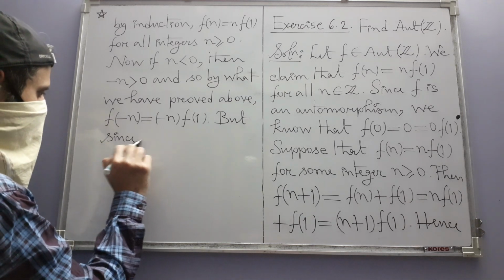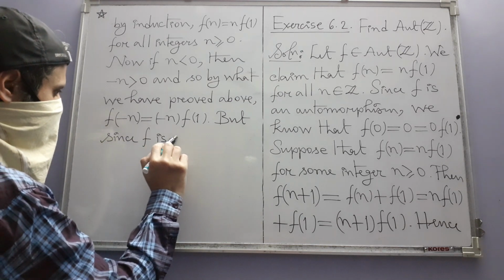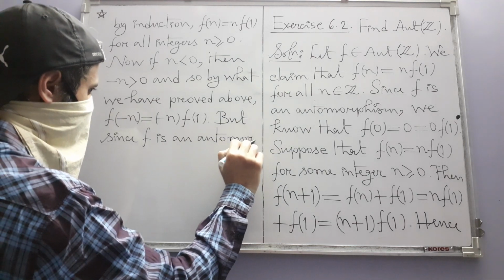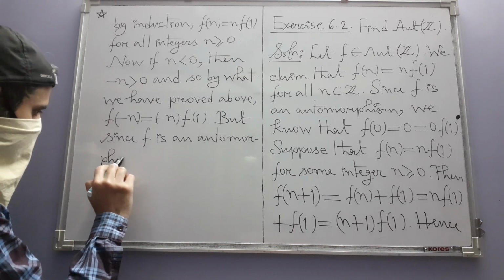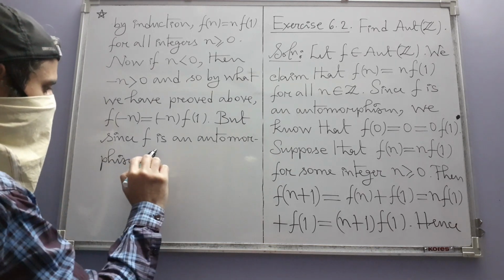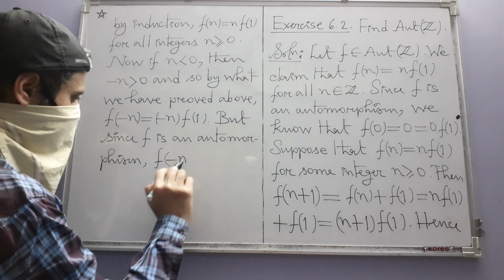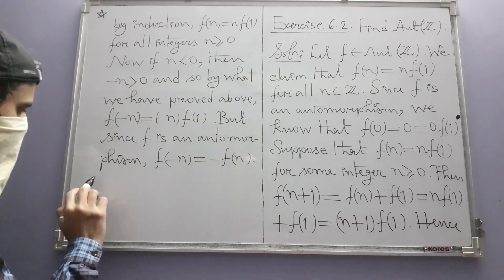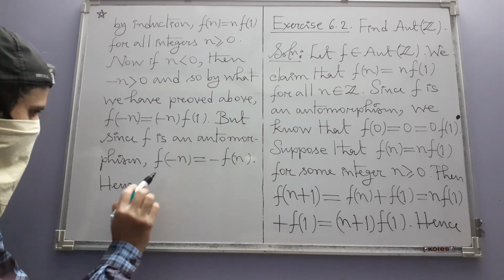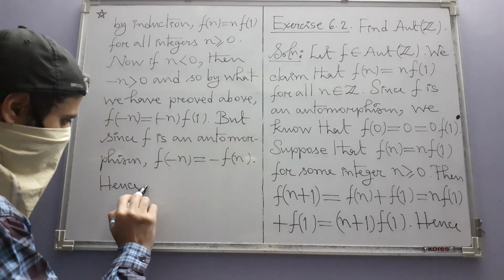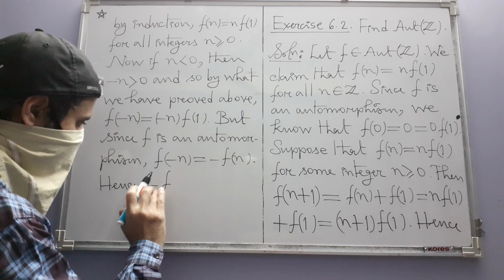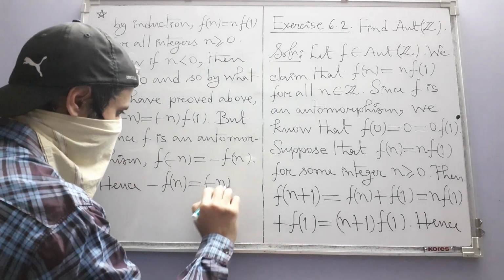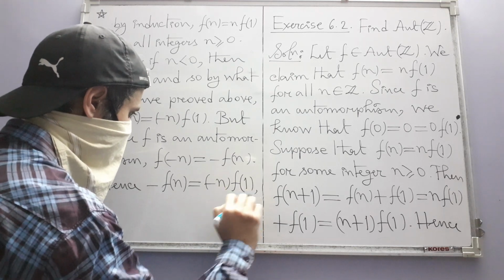Hence, you substitute that here, so you would get minus f of n is equal to minus n times f of 1.